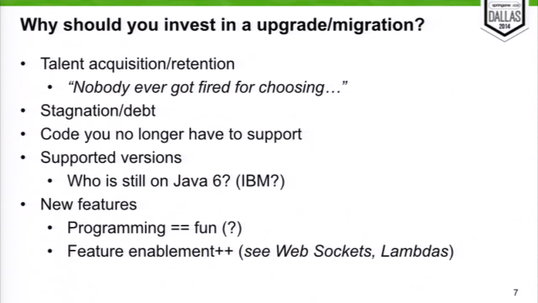The other reason for migration and upgrading is code you don't have to support. In terms of things always being broken, if it's not you that has to break it, then you've got somebody else that you can rely on. In Broadleaf, I'll talk a little bit about what that means specifically and how that changes what we've done. But I think that the code we no longer have to support is a really big win.